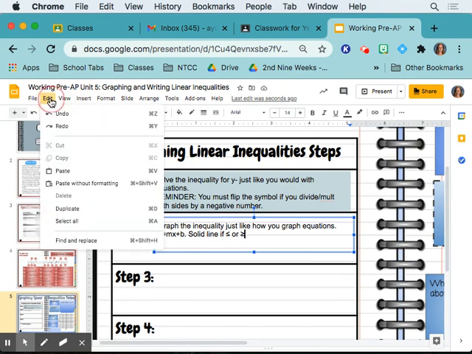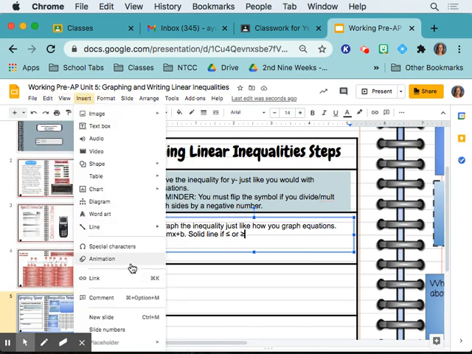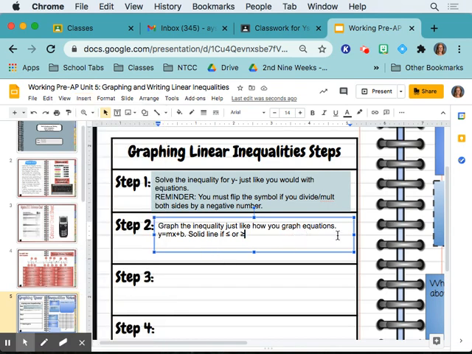Okay. Insert special characters and then look for less than, greater than. So it's solid if it's less than or equal to, greater than or equal to, and it's going to be dashed if it's just less than or greater than. And we have those symbols on our keyboard.